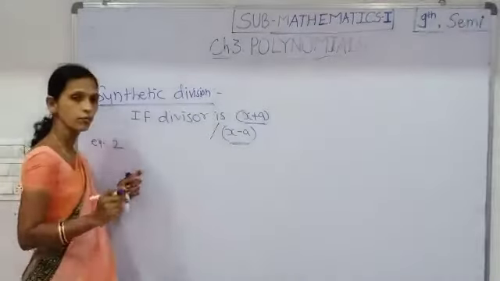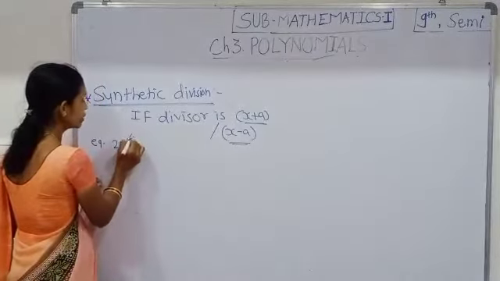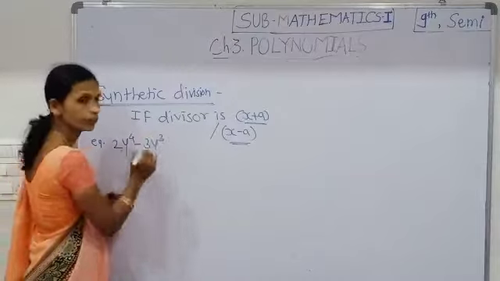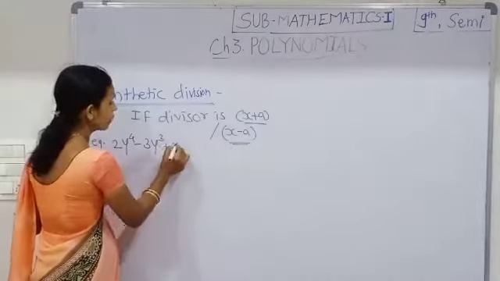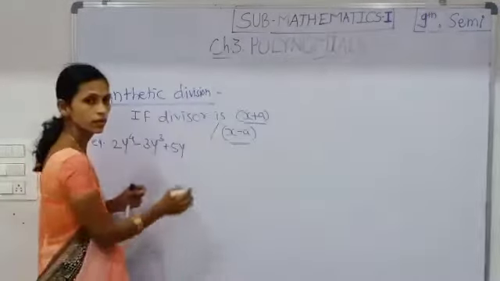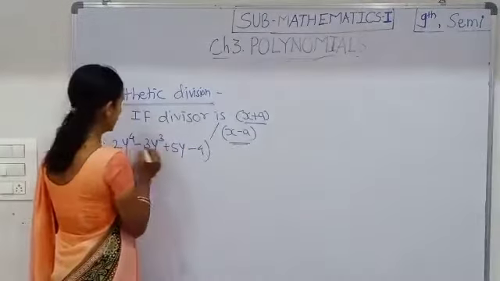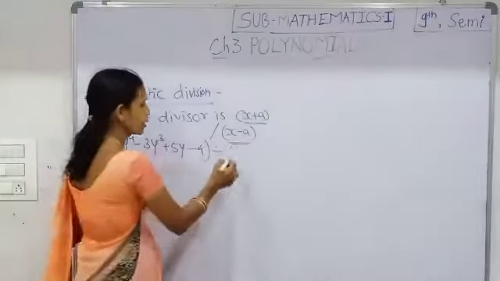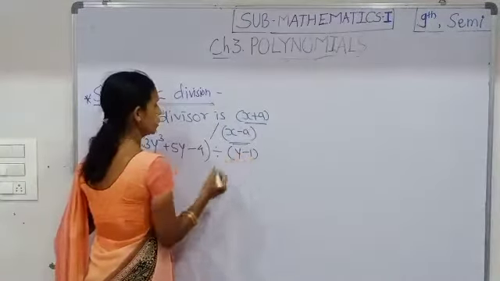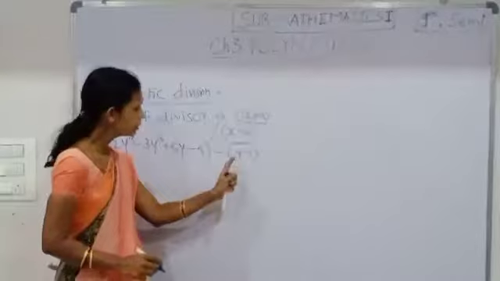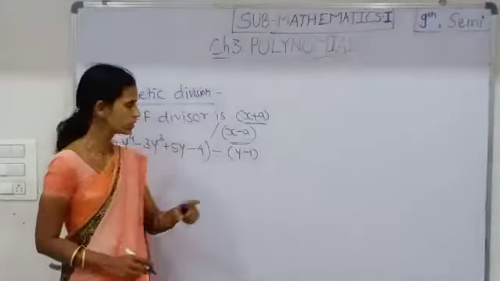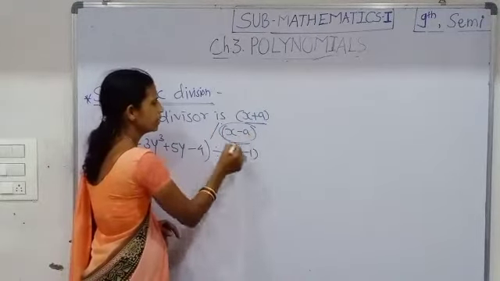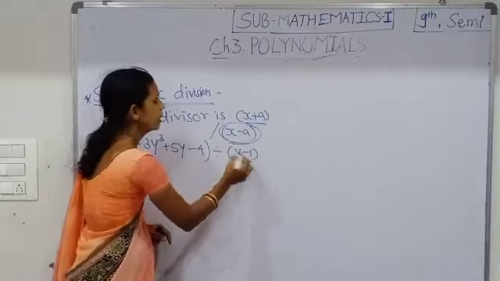See the example given here: 2y raised to 4 minus 3y cube plus 5y minus 4 is divided by y minus 1. Here y minus 1 is the divisor, which is in the form of x minus a.